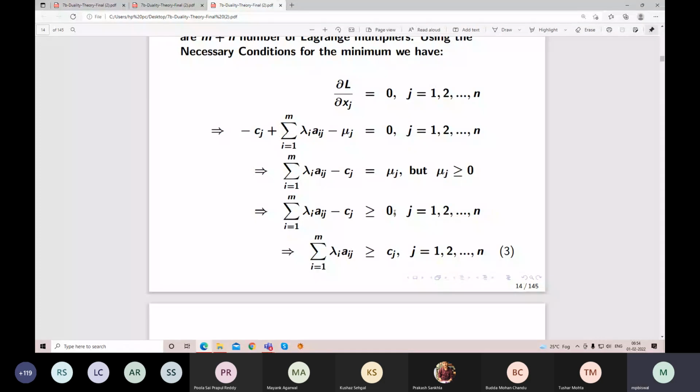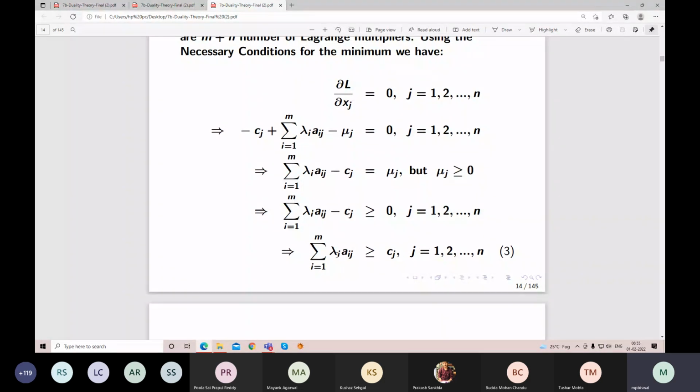This says summation over I from 1 to m of lambda I aij is greater than or equal to cj, j varies from 1 to n. This is a constraint. This will be established as the dual constraint.